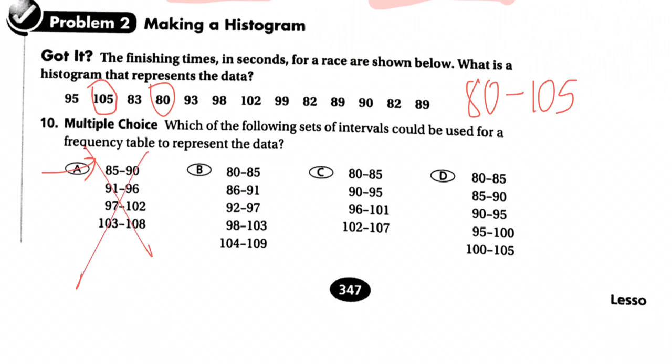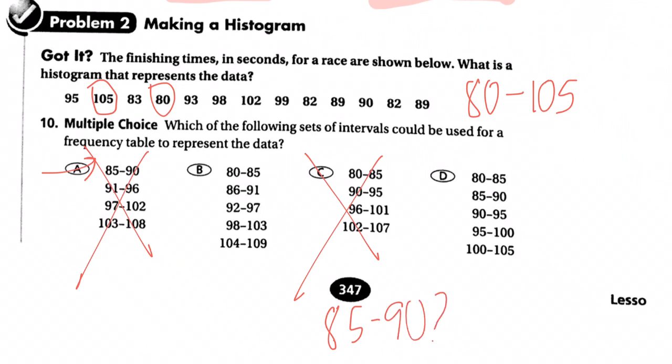B, C, and D all include 80, so now we have to look at the specific intervals they have. B goes from 80 to 85, 86 to 91, 92 to 97, 98 to 103, and 104 to 109. This ends up breaking it down to intervals of 5. C goes from 80 to 85, 90 to 95, 96 to 101, and 102 to 107. This is incorrect because it has a gap between 85 and 90.